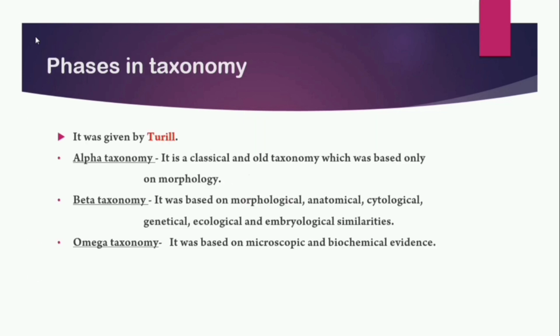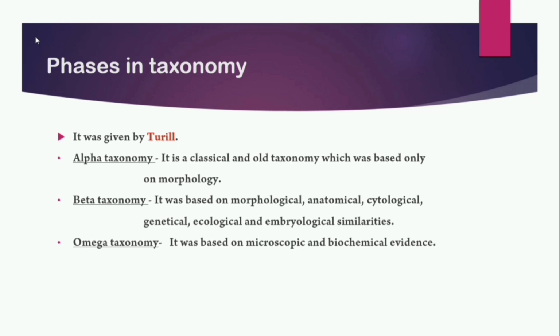Phases in taxonomy. So as we have discussed and we have seen in the second slide that from 300 BC till 18th and 20th century, biologists are researching a better way of classifying organisms. So there were some phases in taxonomy which were classified by Tyrrell. He classified the phases of taxonomy into 3 categories, and according to him these are alpha, beta and omega taxonomy.